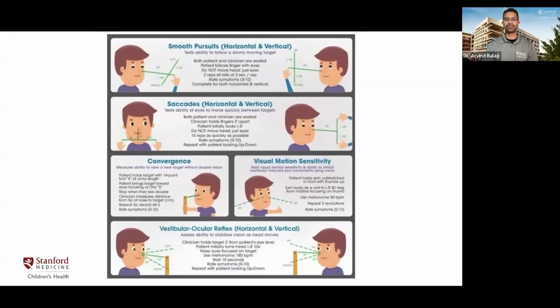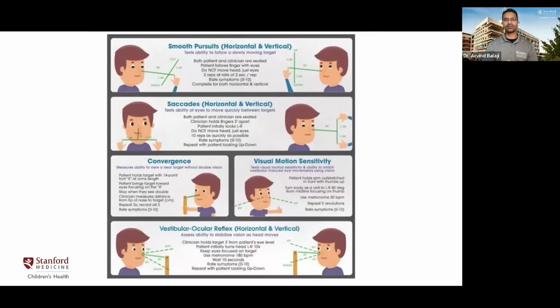After the saccadic testing, the other tests that this screen utilizes include convergence testing, holding an object a certain distance away from the patient's eyes, and then having them focus on the object as you bring it closer and farther away. The idea is that at some point, the eyes will not be able to keep the object looking like one object, and then in fact, the object will split or look like 2.